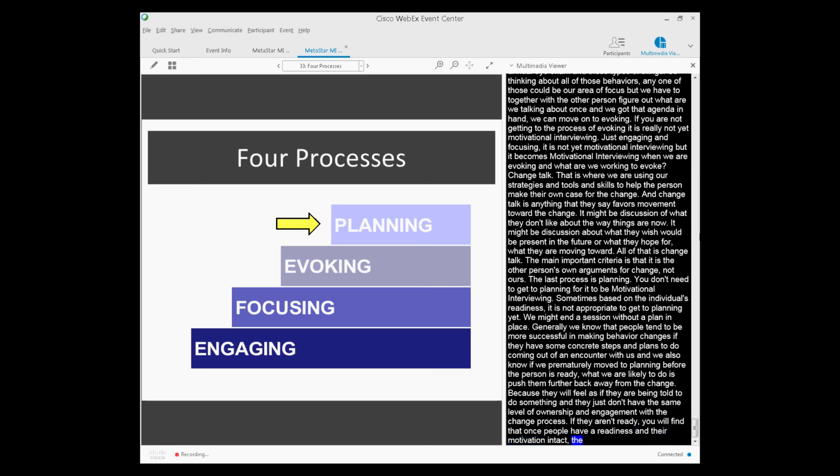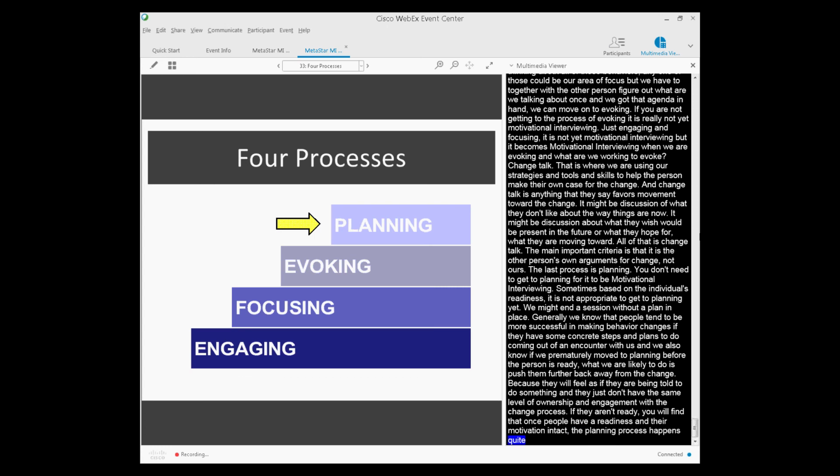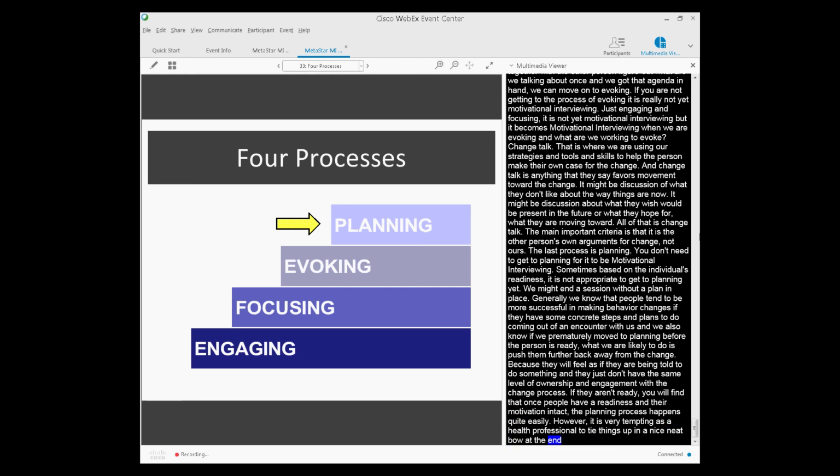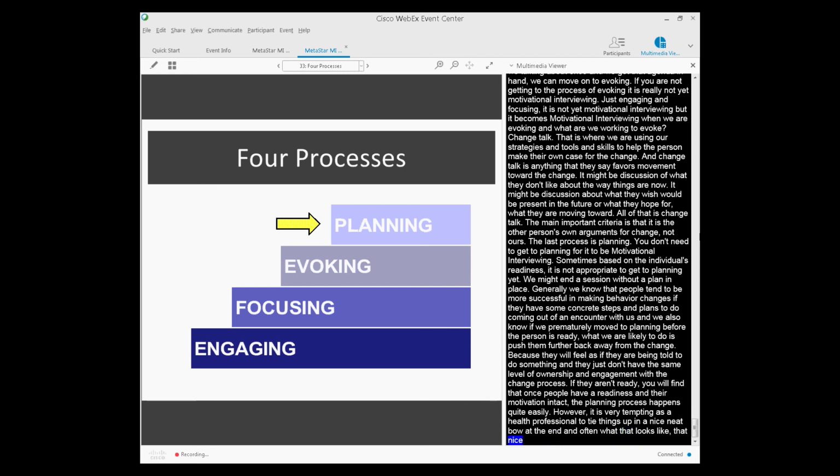However, it's very tempting as a health professional to tie things up in a nice, neat bow at the end, and often that nice, concrete, solid ending looks like a plan. So we want them to walk out with a plan of some concrete action steps.